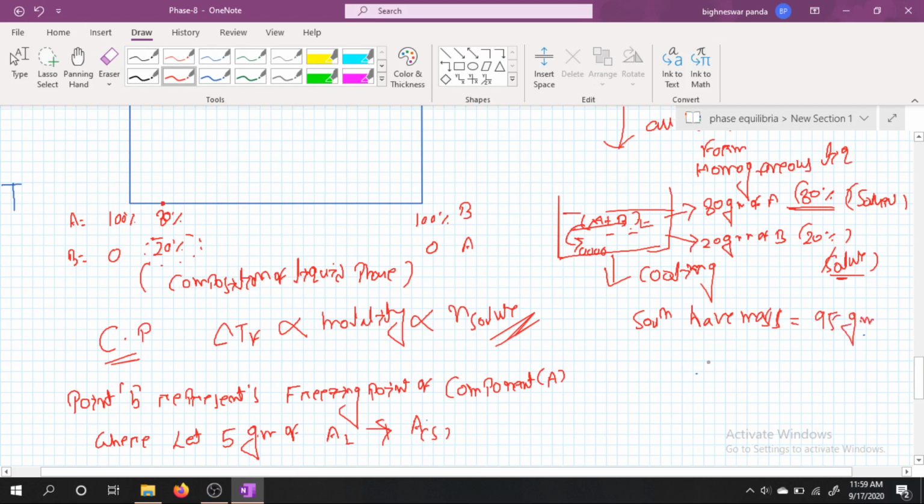Percentage of A: initially 80 gram of A is present, 5 gram is converted into solid, so it is 75 divided by 95 into 100, which is equal to 78%. Percentage of B is 20 divided by 95 into 100, which is equal to 21%.